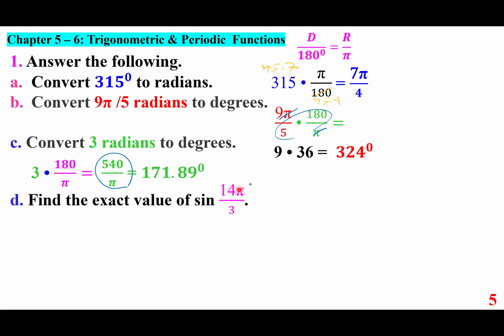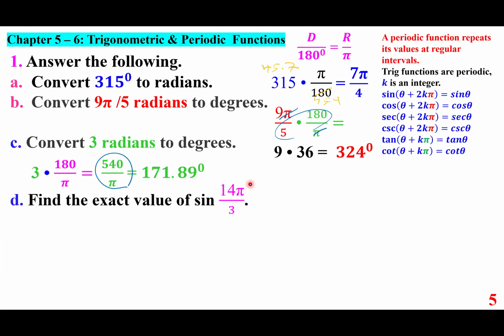What is the exact value of sine of 14 pi over 3? I want to remind you that all trigonometric functions, sine, cosine, tangent, cotangent, secant, cosecant, they are all periodic functions. A periodic function repeats its values at regular intervals. Trig functions are periodic, and k is an integer.